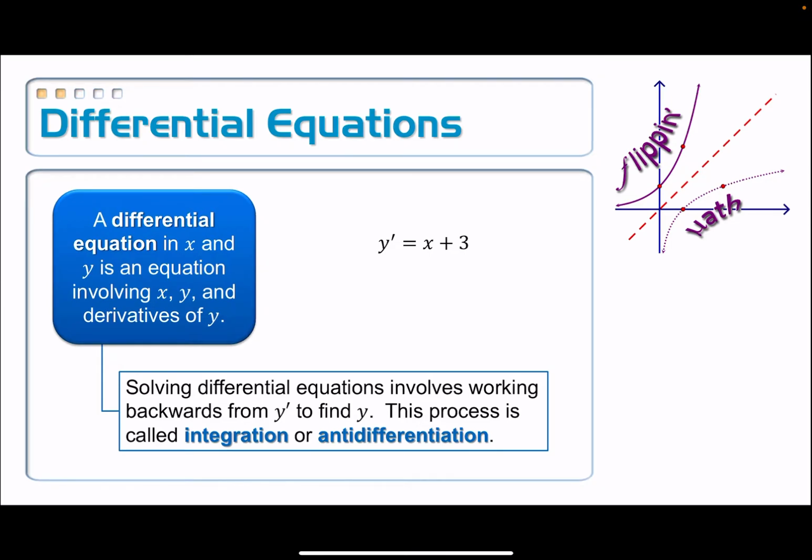Specifically, it's indefinite integration because of that whole plus c that we talked about before. If I take that function and take its derivative, I can go back. It's a cycle going backwards and forwards between integration and differentiation.